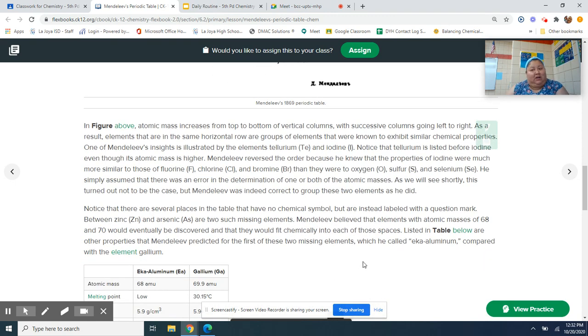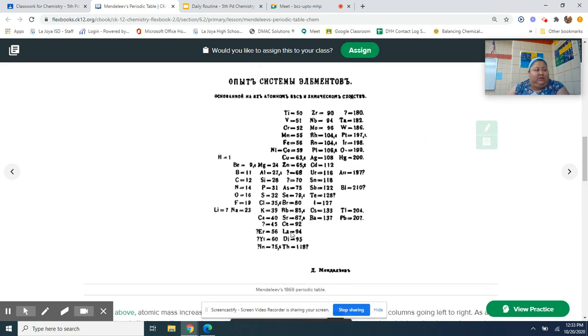Now, let's talk about another key insight. Notice that there are several places in the periodic table that have no chemical symbol, but instead are labeled with a question mark. So let's go back. You'll see here that you have magnesium, aluminum, silicon, phosphorus, sulfur, chlorine, potassium, calcium, question mark, question mark, question mark, question mark.